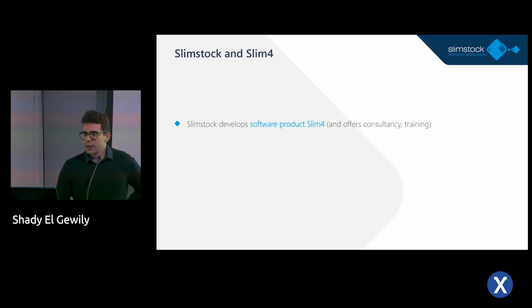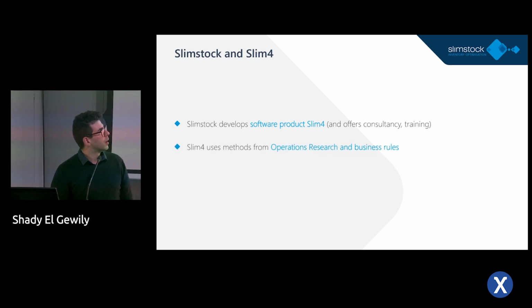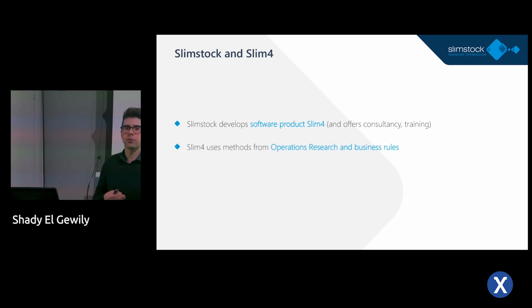So we developed a software product, and that's called Slim4. And that's basically a software product that customers use to optimize their inventory. And every business is different, so every business may have different decisions that they would like to make that's relevant for their business. We also offer consultancy and training, because at Slimstock we believe that the better the customers we sell the software to understand the software, the better they will use the software and reach results.